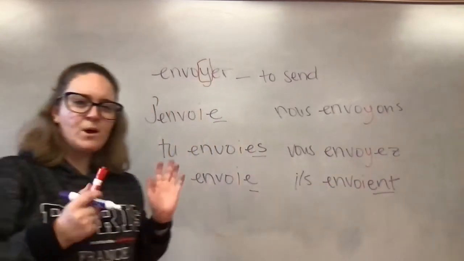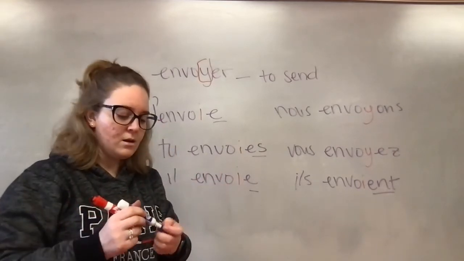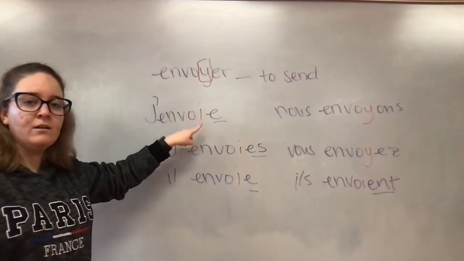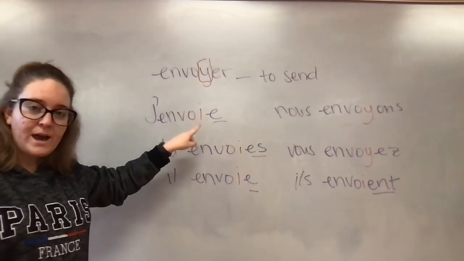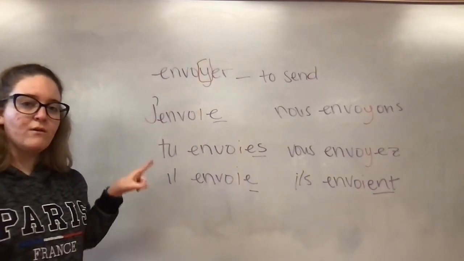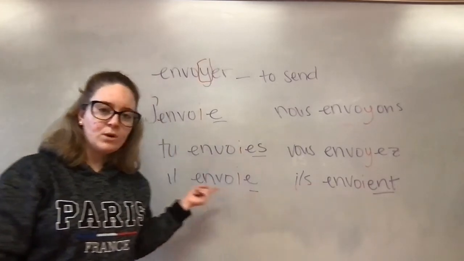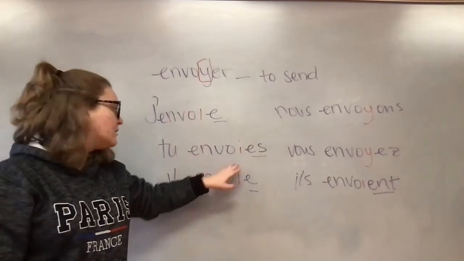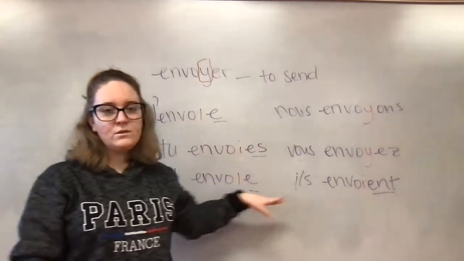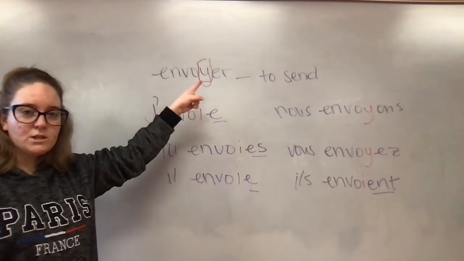So again, I'm not sure how well the color coding works for you guys online, but this Y is going to change to an I, and that is the spell change pattern for these verbs that have a Y in them. So, j'envoie, tu envoies, il envoie, ils envoient. Again, we have the same pronunciation for all of these, and this Y becomes an I only in the je, tu, il, and ils forms. That's the only change that's going to happen here.